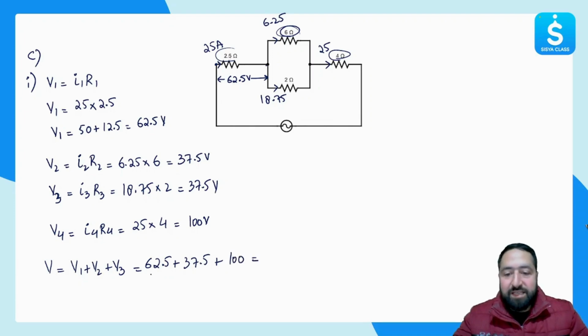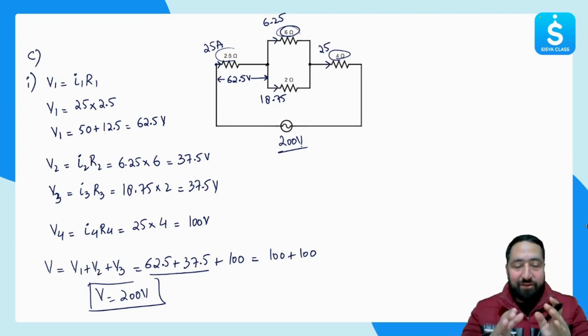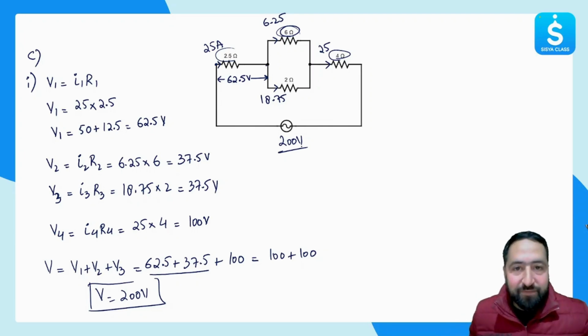You see, 62.5 plus 37.5 is 100, plus 100, which gives you a total of 200 volts. That is true. What was the potential difference which was given to you? 200 volts. This 200 volts got split into three: 62.5, 37.5, and 100 volts.